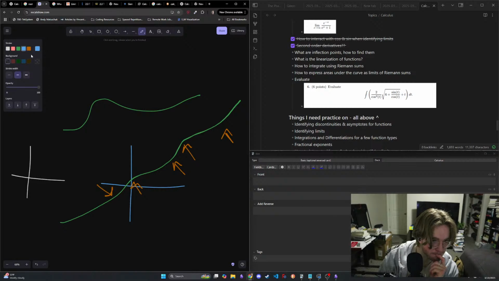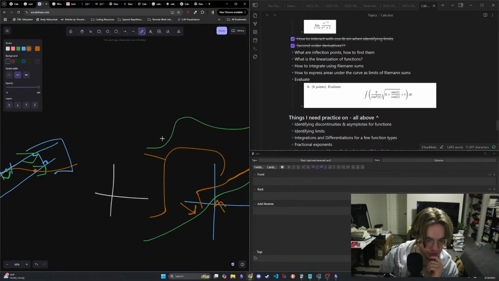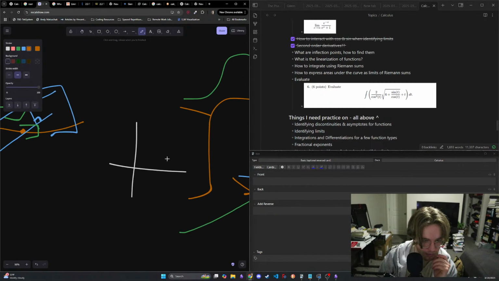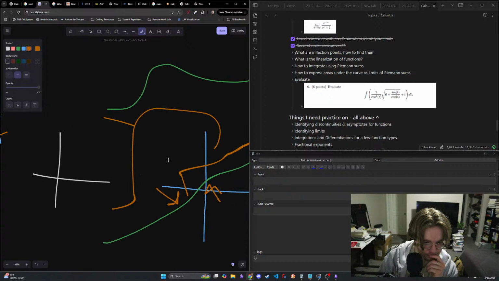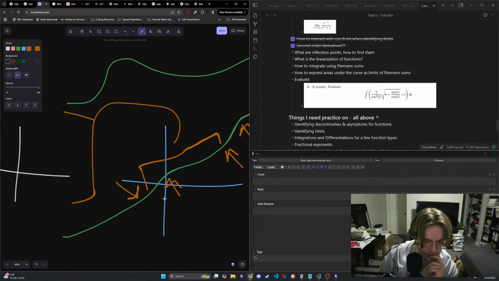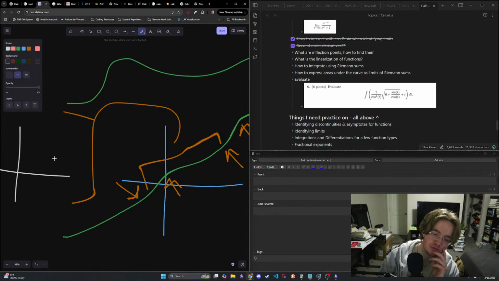We'll say this section of slope is going to be right here, and we're going to zoom in a bit. I don't know how closely this will map onto it, but say we're going.